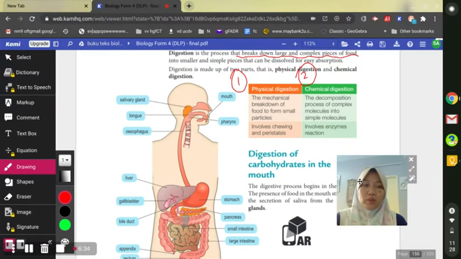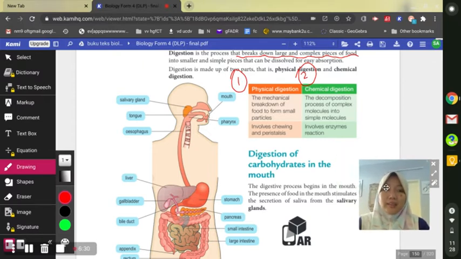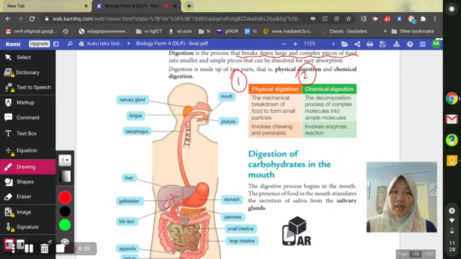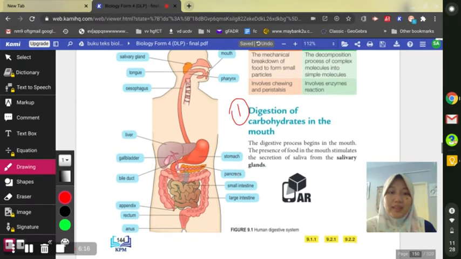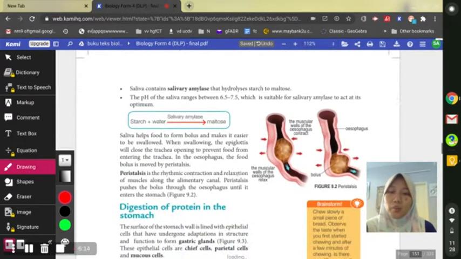Now we go to the process of digestion. Digestion happens in the mouth. As you can see, we will discuss three parts of digestion here. The first part is digestion of carbohydrate, just carbohydrate, in the mouth. The second part, we will discuss digestion of protein, just protein, in the stomach.